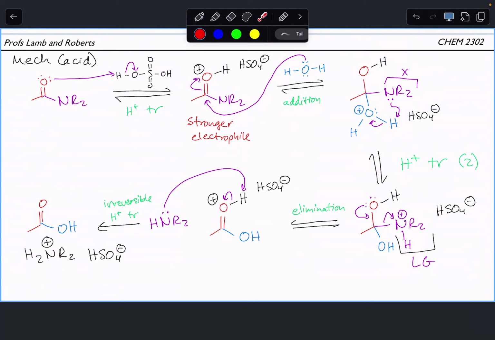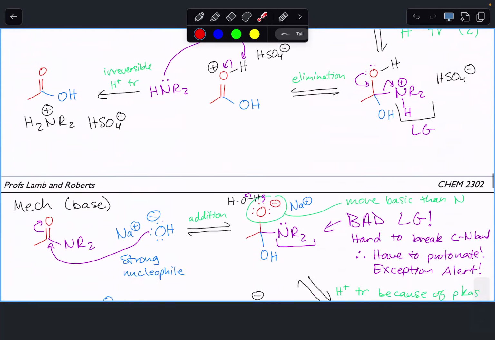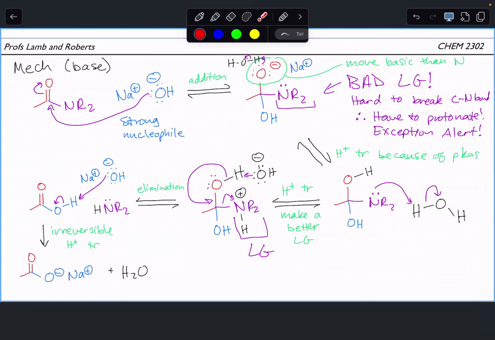In basic conditions, it's very much not normal to have a positive charge on it, but we have to because it just won't do it otherwise, right? So I guess the big difference is this first step, right? In the acidic conditions, we have to make a stronger electrophile, whereas in the basic conditions, we already have a stronger nucleophile. So that's the major difference. Good questions. Any other questions?